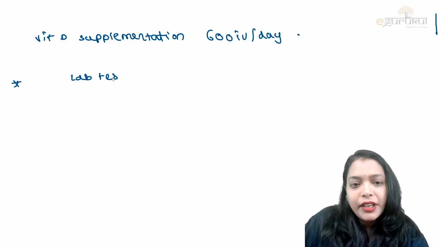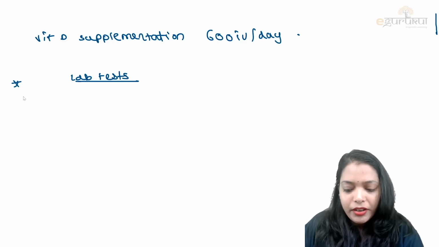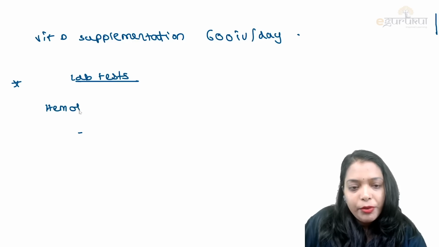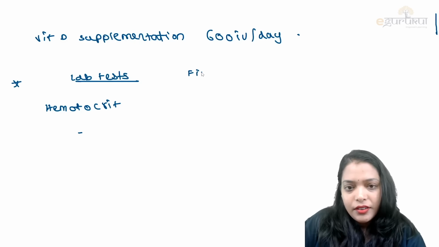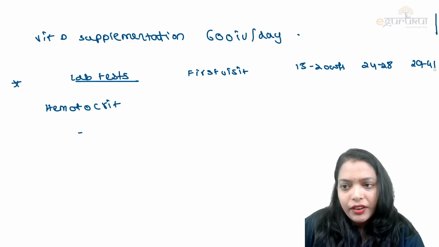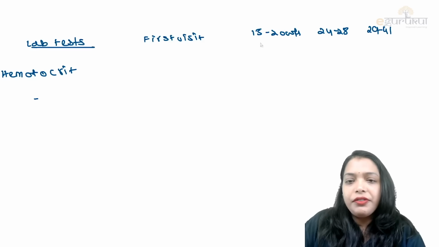In the lab tests, routinely we used to do hematocrit or hemoglobin at the first visit, 15 to 20 weeks, 24 to 28 weeks, and 29 to 41 weeks.